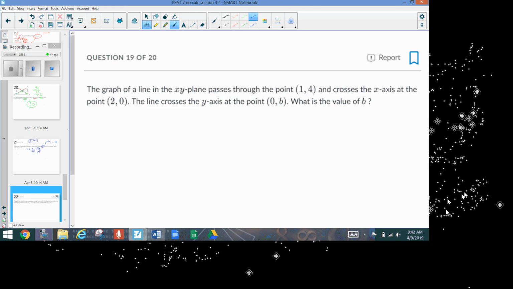The graph of a line in the xy plane passes through the point and crosses the x-axis. If you draw that, you'll be able to see better, and you can also show this algebraically. Let me do that here.